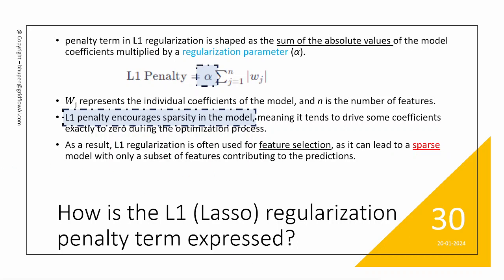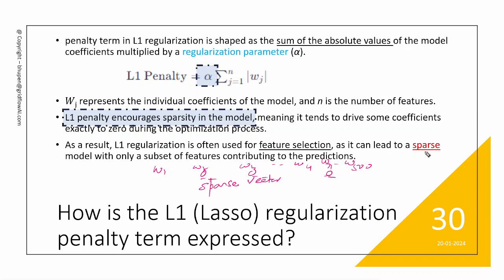Now, let me explain what this actually means. Let's say you have W1, W2, W3, W4, and let's say W500. So many variables. Out of these, let's say W77 and some others turn to zero because of regularization. Because of the zero values in the coefficients vector, this is turning into a sparse vector representation.